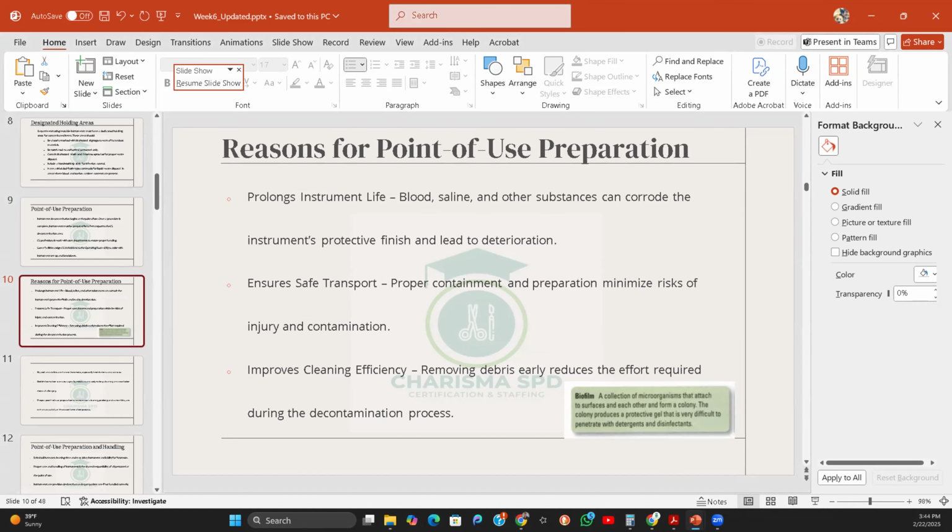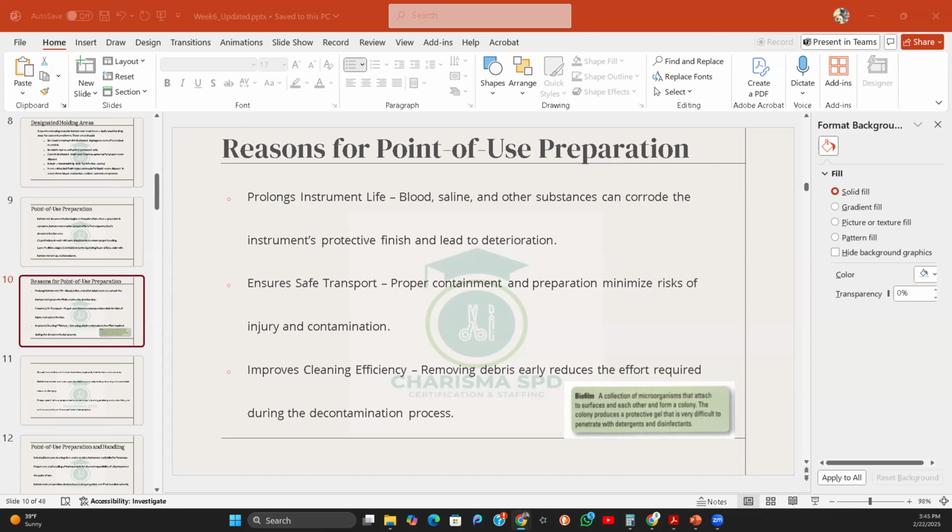Prolong instrument life. As we said, the goal of point of use preparation is to prevent damage. When we remove gross soil and do not allow it to dry, we are prolonging the life of the instrument.